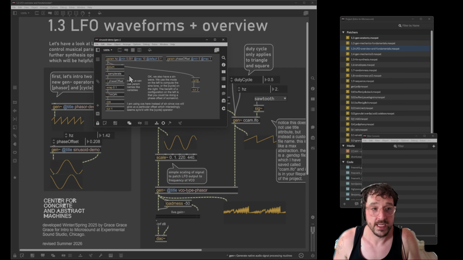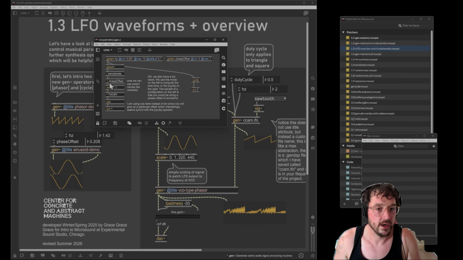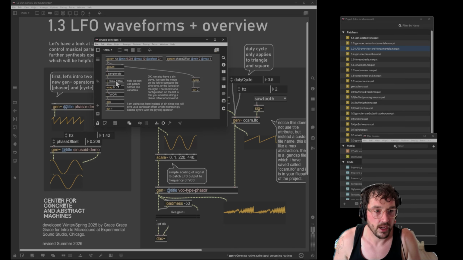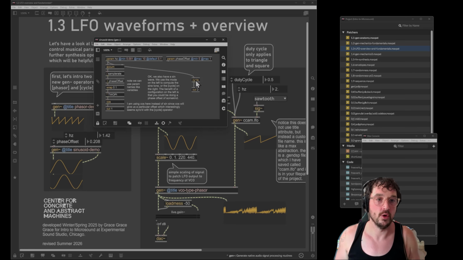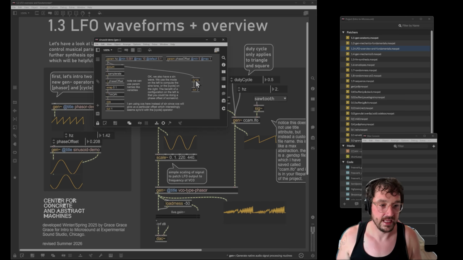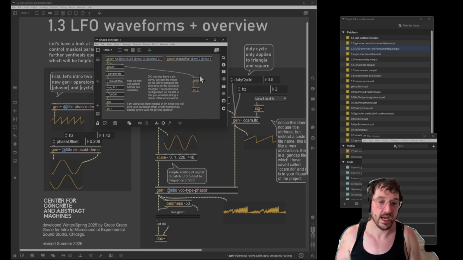So the side-by-side here is that you can do all of this work here. What you get with an oscillator like this, as opposed to just using the cycle operator, is that you can do that phase offset. If you don't need that, then you can just use this cycle operator and plug your hertz argument in there. So now we're using sine waveforms.